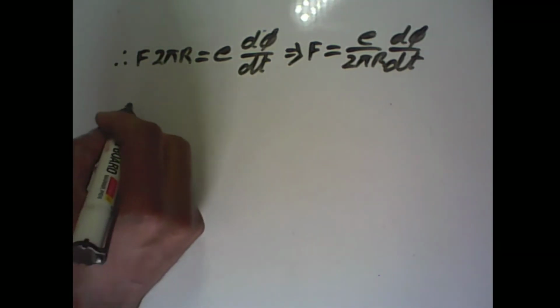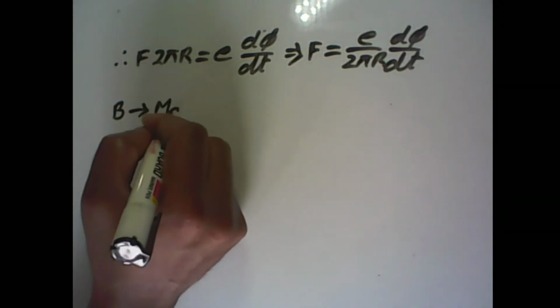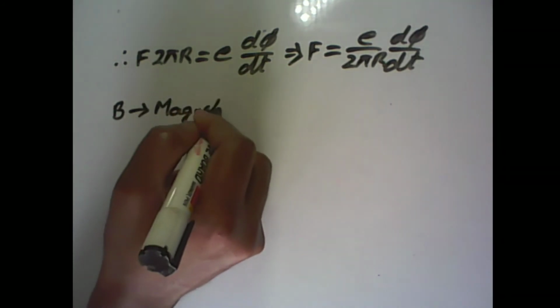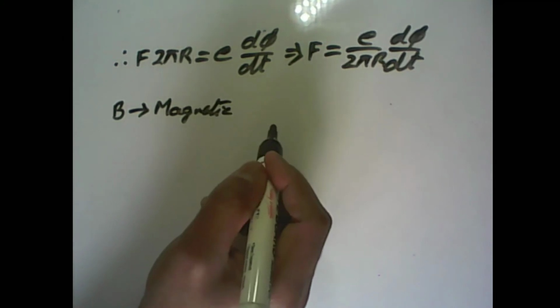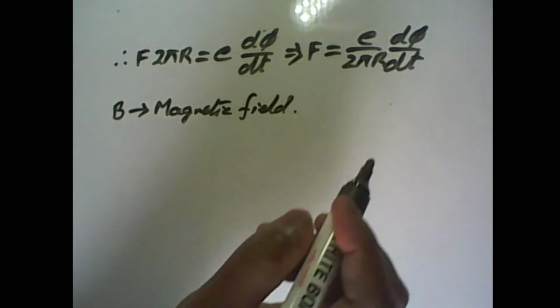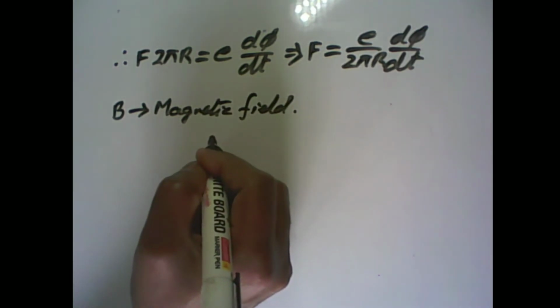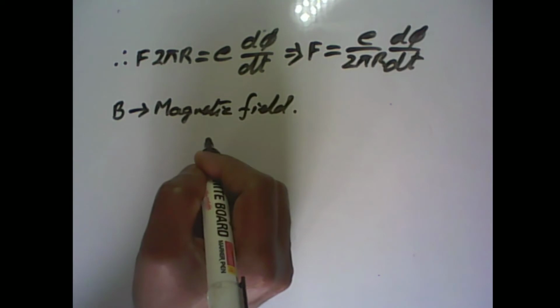So now let us say B is the strength of the magnetic field linked with the orbit, and the direction of this field is perpendicular to the path of the electrons, that is perpendicular to the velocity.